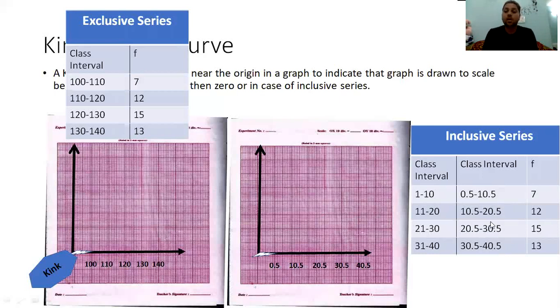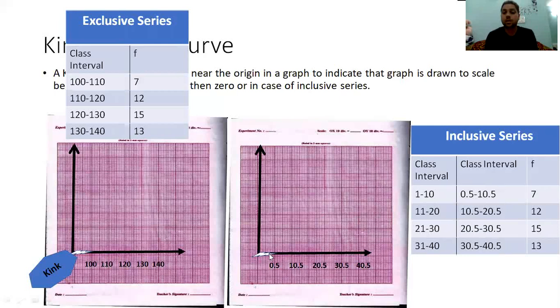Okay. Now look here, the series does not begin from 0. It begins from 0.5, then 10.5 here. So this distance is covered by the kink here.